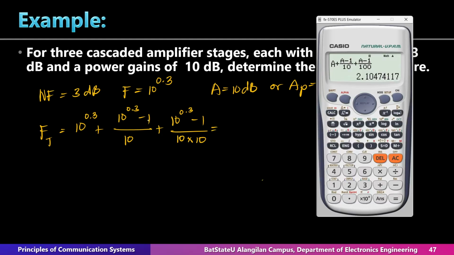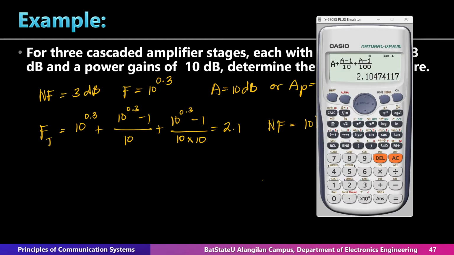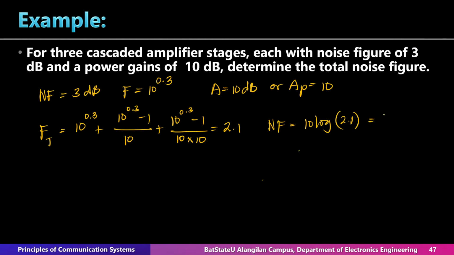So, in calculator, kapag kinumpute natin yan, ang makukuha nating value ay 2.1. So, makukumpute natin yan ang noise figure in dB. 10 log of, sa calculator, hindi ko po i-round off yan. Ano? 3.23 dB. No? 3.23 dB. So, ayun. Tama kaya tayo? Yes! O, di ba? Ang dali lang.